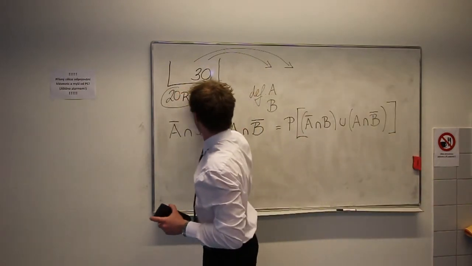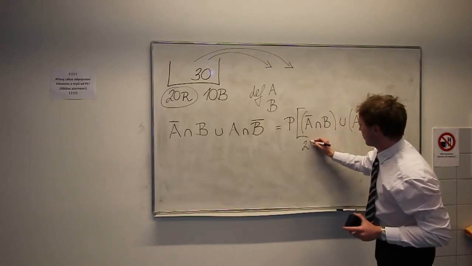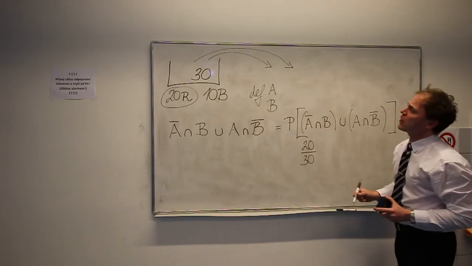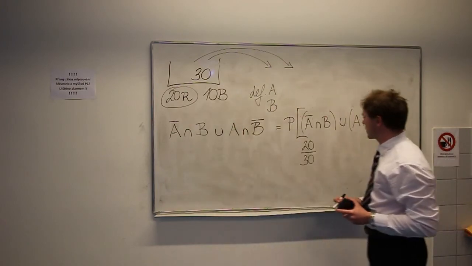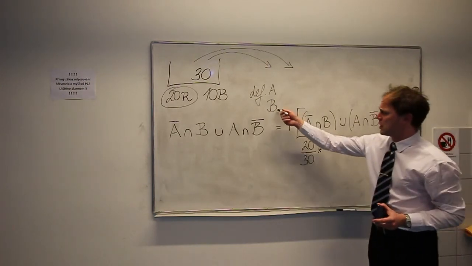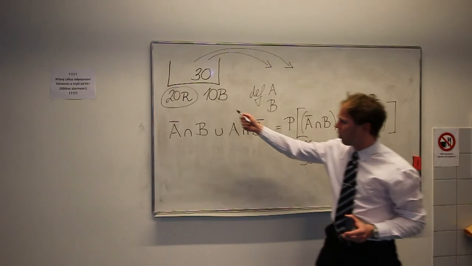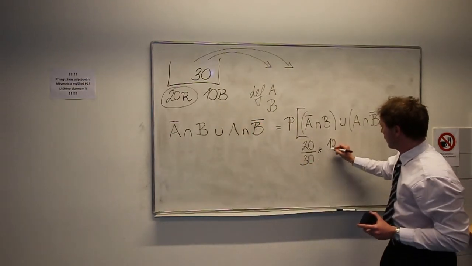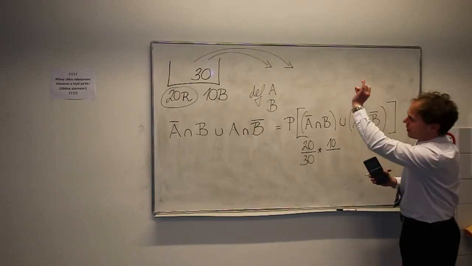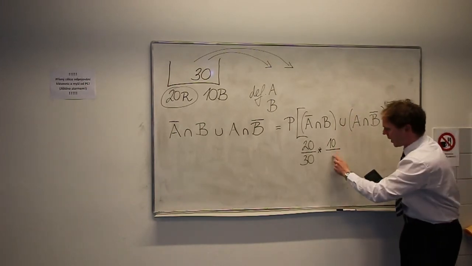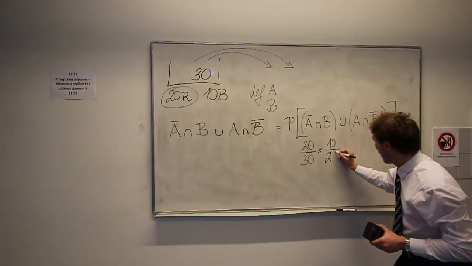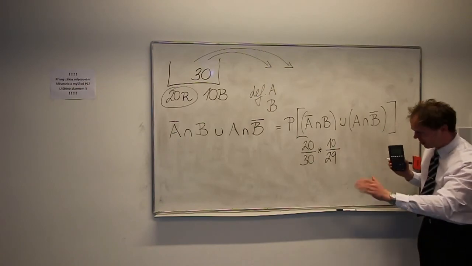We have here 20 red cards divided by 30, because in the basket we have 30 cards. And multiplication, random event B, the second card is blue, so 10 divided by. But now I already have one card in hand. The basket has not 30 cards, but only 29.